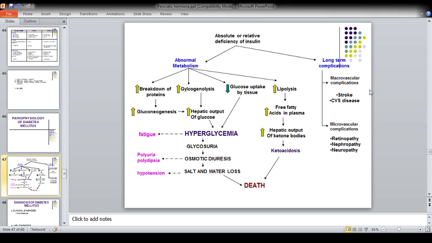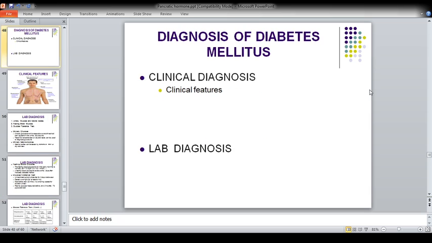These are known as vasa nervorum, and they get blocked after an extended period of hyperglycemia. So peripheral neuropathy is another long-term complication of diabetes.